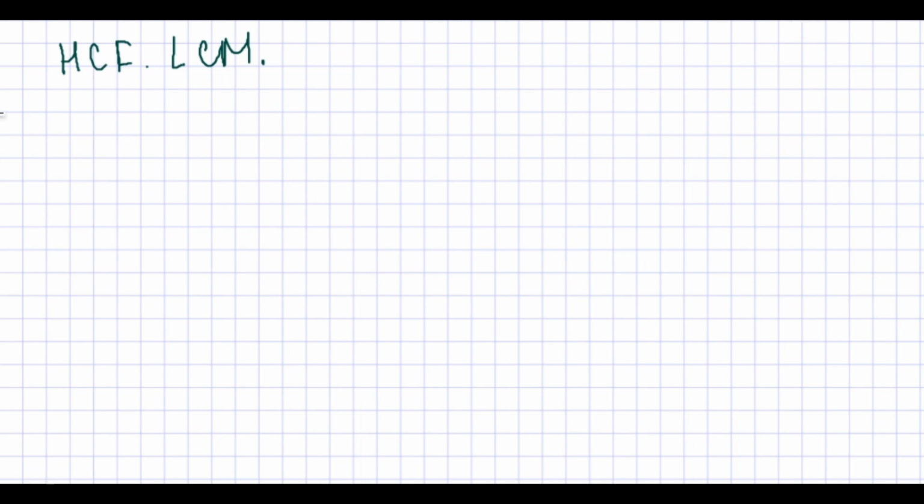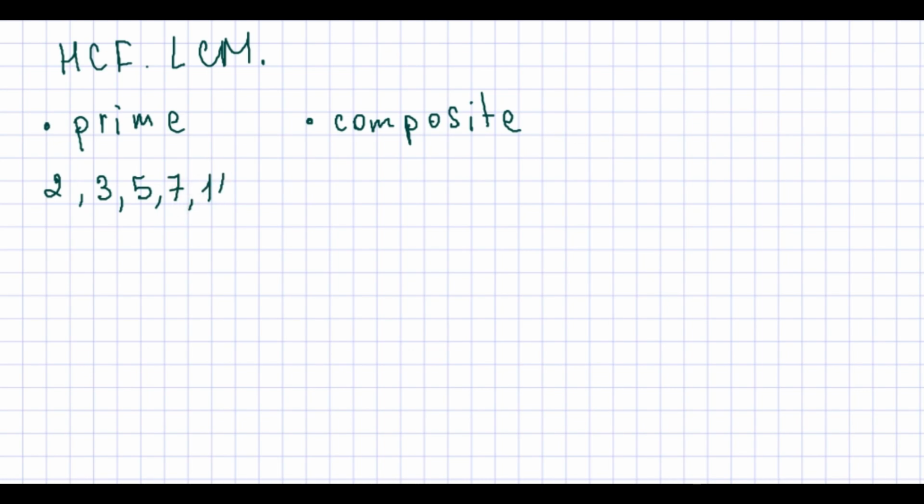Okay, let us investigate some cases where it can be tricky to find HCF and LCM. We talked about prime factors, prime numbers. Just very quickly go through them. Prime numbers: 2, 3, 5, 7, 11, and so on.